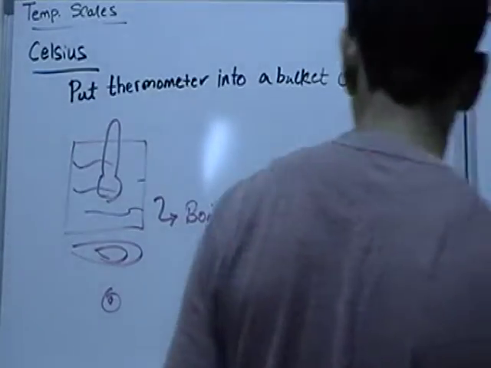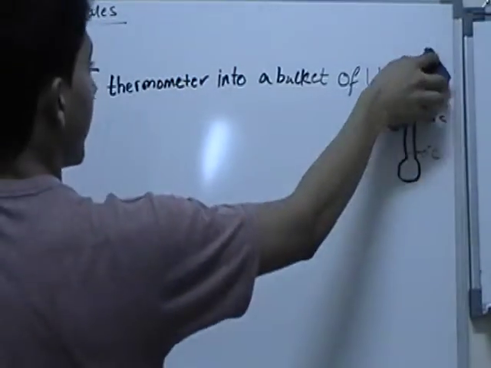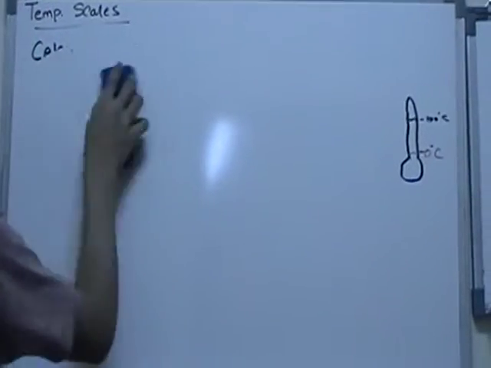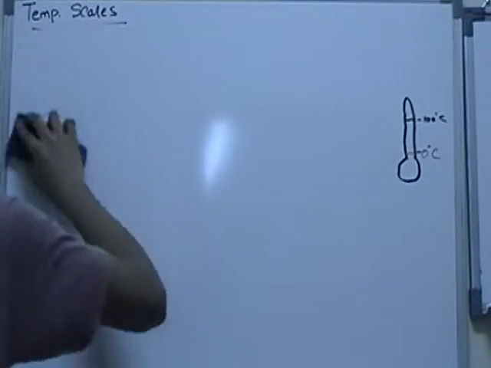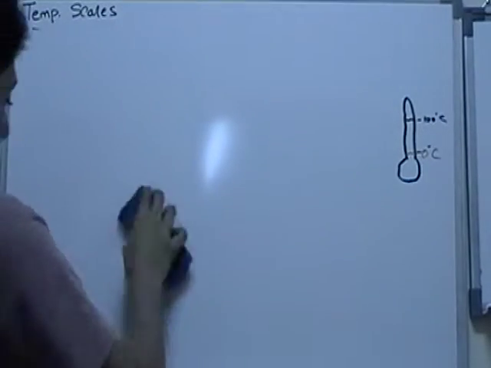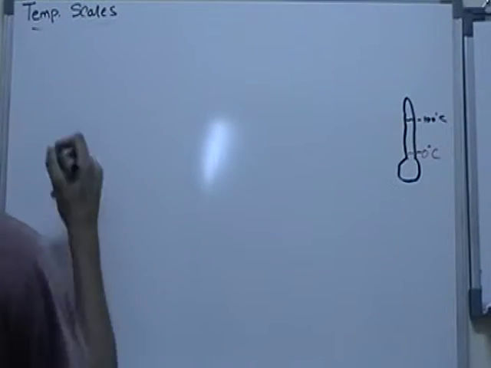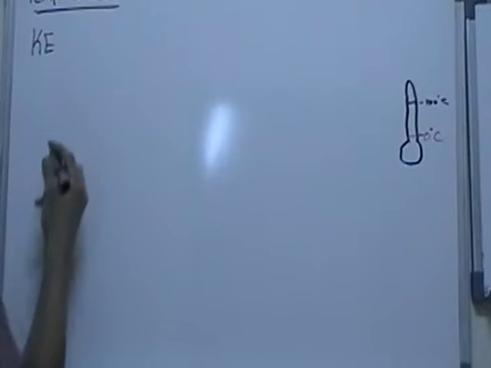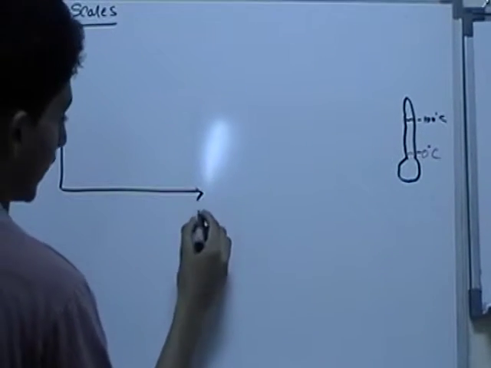If we go ahead and draw a graph, it would look like this. Now, we say that this thermometer basically uses some kind of energy. And we also say that it's not the kind of energy we use to lift objects, so none of the forces are acting on it. What type of energy is it? The kinetic energy, right? So we use kinetic energy and the temperature.